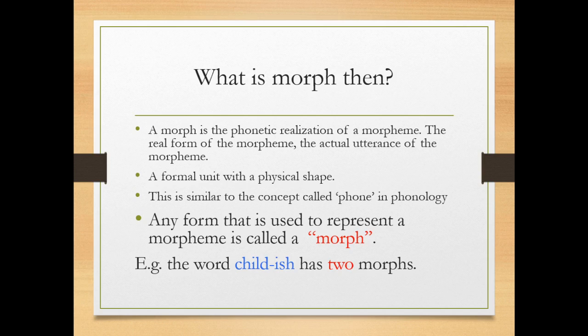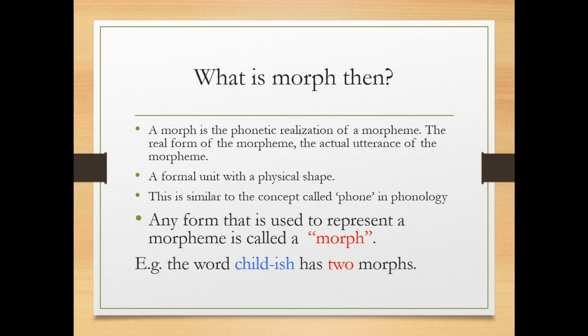So far, we discussed what is morpheme. What is morph then? A morph is the phonetic realization of a morpheme. Morpheme is an abstract unit in our mind. When we realize it phonetically, when we pronounce it, when we realize it practically, that practical and phonetic realization of a morpheme is called a morph.